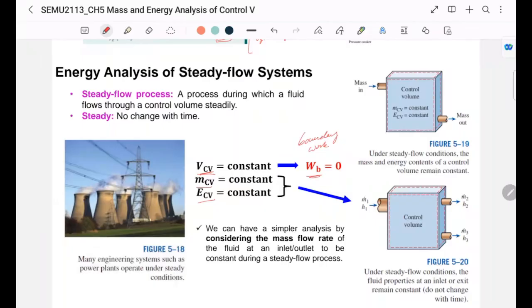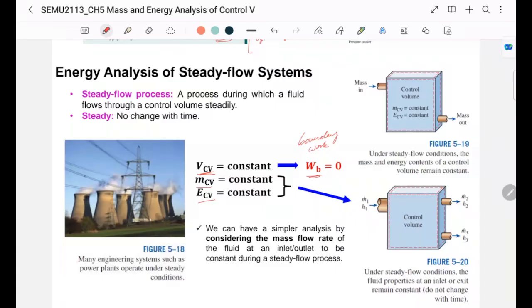Boundary work is the expansion of boundary, the work done by the boundary itself. Since now the boundary doesn't expand, volume is constant, therefore boundary work will be zero, unlike the closed system that we learned before. So here there's no boundary work, but then we have a flow work.